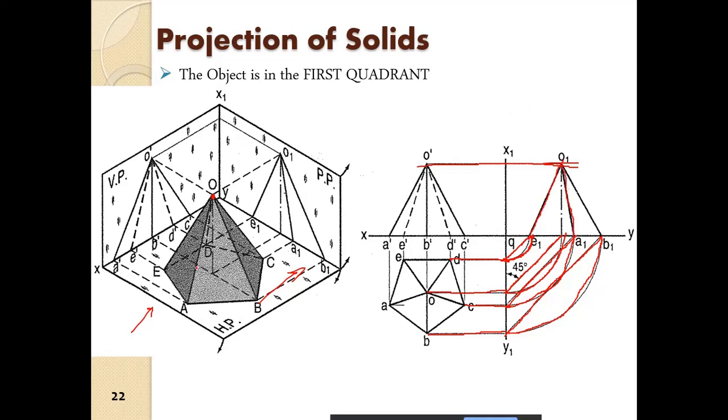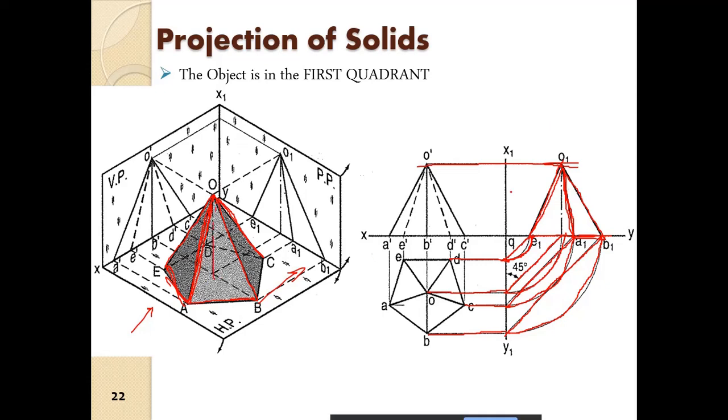So from the side view, if you observe, we will see the plane A, B, O, so here A, B, O. Then we will see E, O, A. And this edge, the OC edge, will get hidden behind the OA edge, so we will not see that.